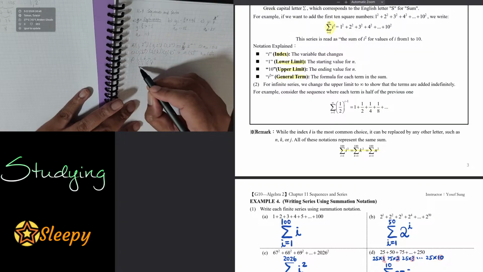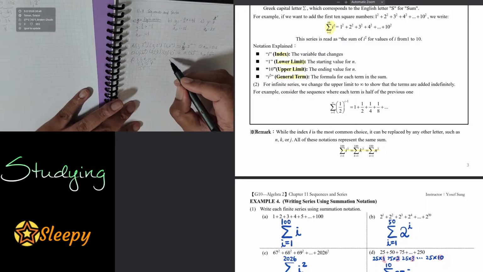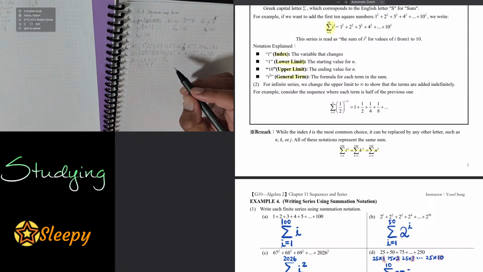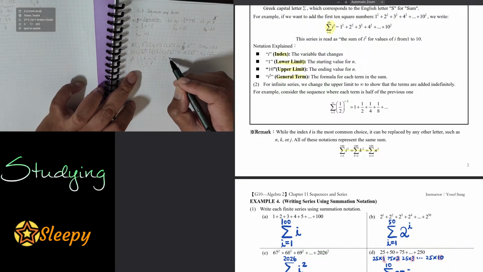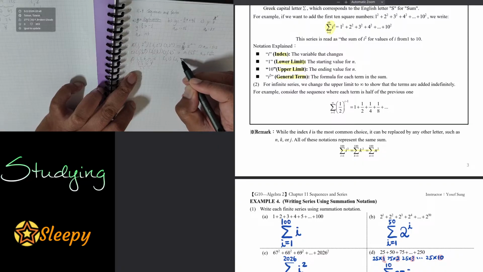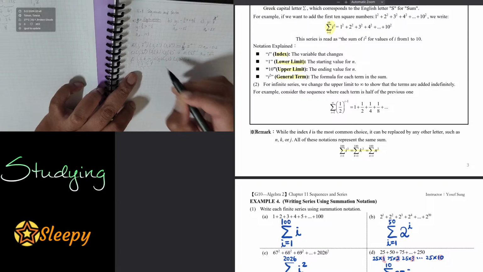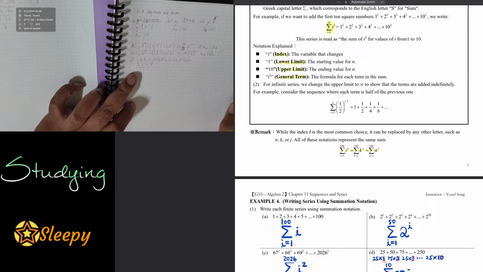So at 1 it's 1, and then at 2 it's 3, and then at 3 it's 6, right?